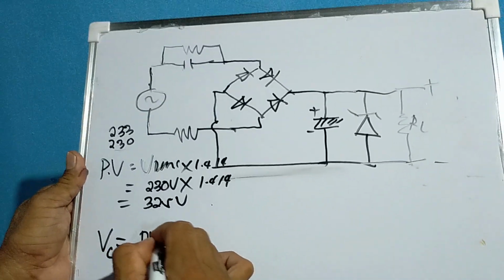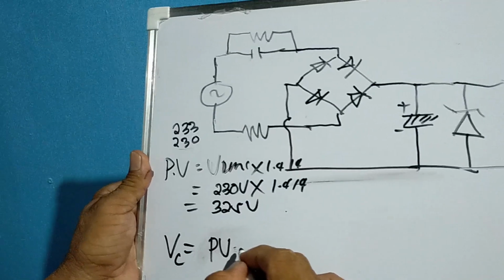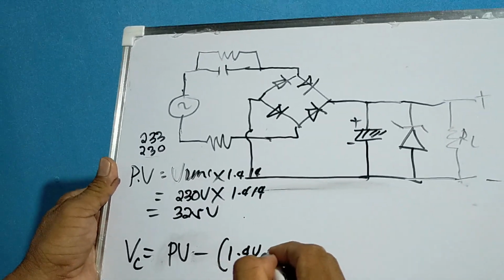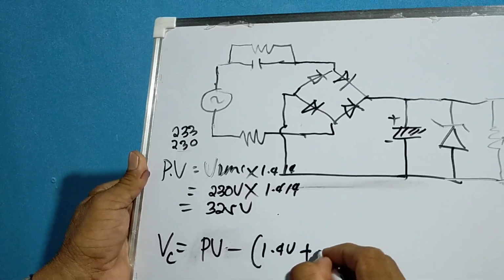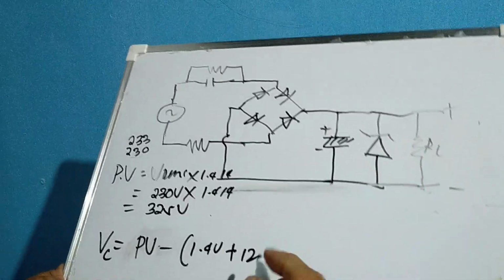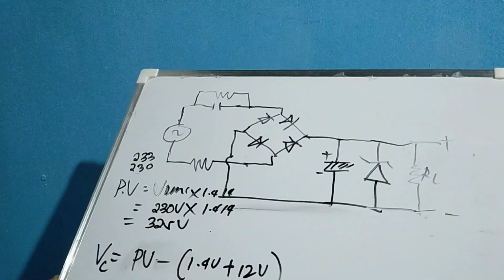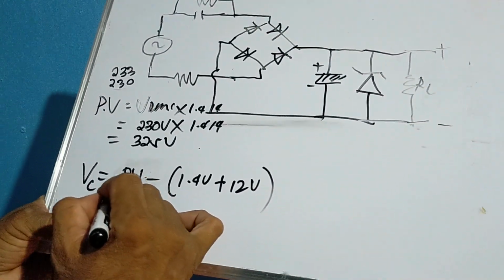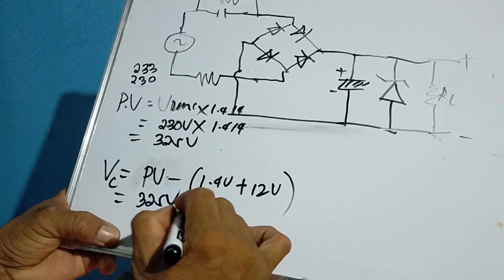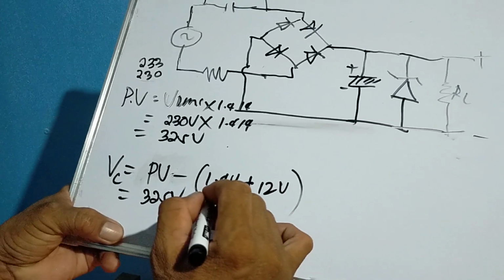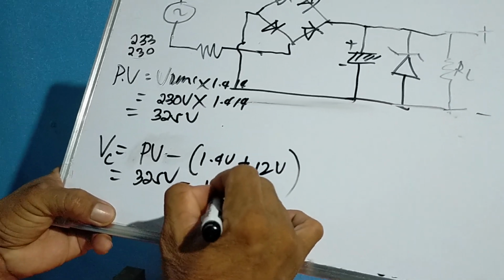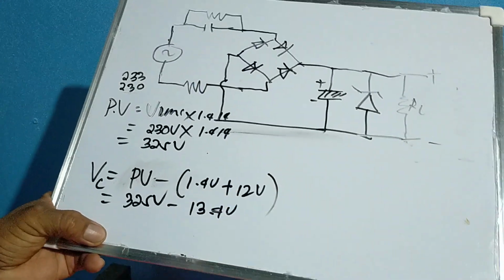Peak value minus 1.4 volts plus the voltage for the Zener diode that is at the output. So the peak value now is 325 volts minus 1.4 plus 12 is 13.4 volts.